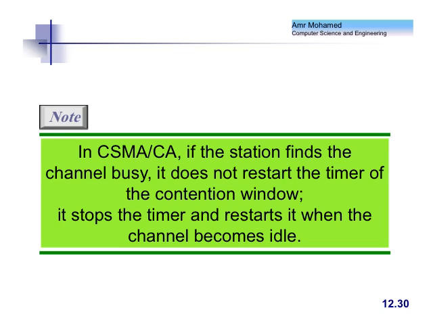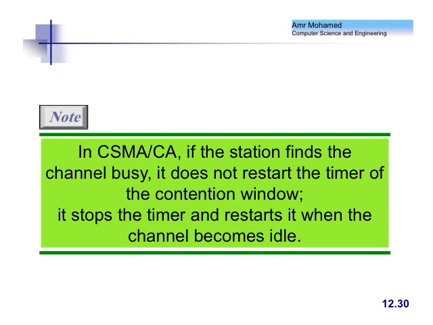So if you have a random number of 5 time slots, after 2 time slots you find that the channel is busy. You suspend the timer. The timer will have to wait for another 3 time slots after it finds that the channel is idle. It doesn't have to wait for interframe spacing again and redo the whole thing from scratch, right?